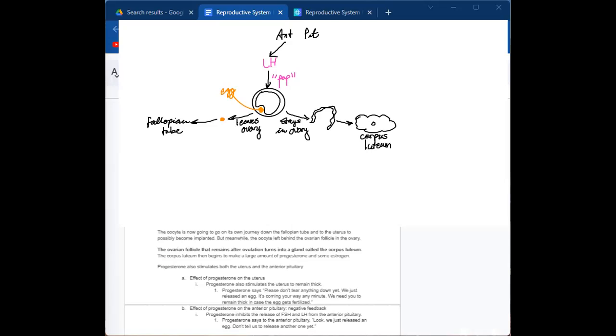So we need to know that the corpus luteum is going to be a gland that makes a really large amount of progesterone and then a small amount of estrogen. Both progesterone and estrogen are going to go to the uterus.